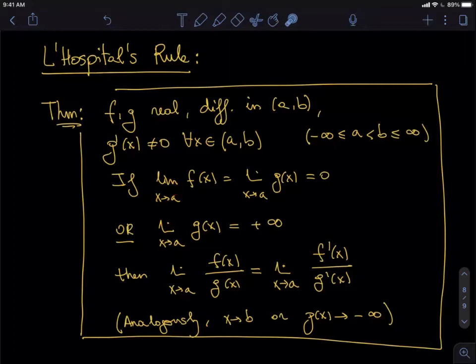And the other thing that is a bit more relaxed is that here we are requiring that the limit of the denominator only is infinity. We are in either of these two cases. But sometimes we see that this is applied when both f and g tend to infinity. Here we will show that only the denominator needs to go to infinity.